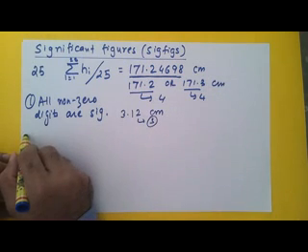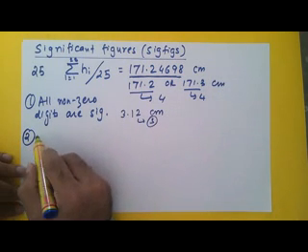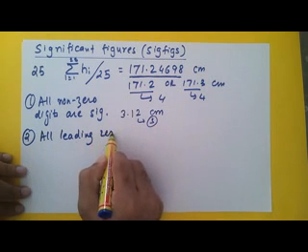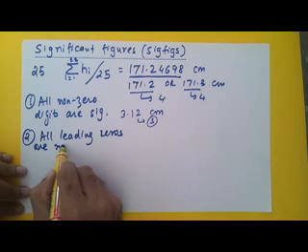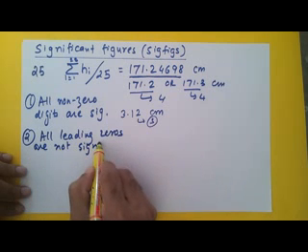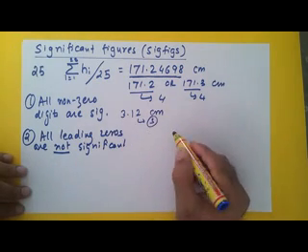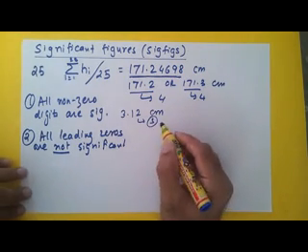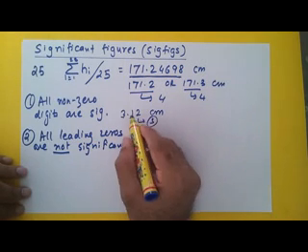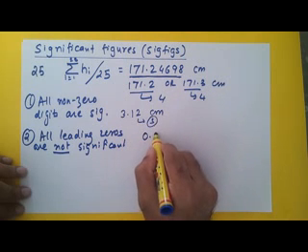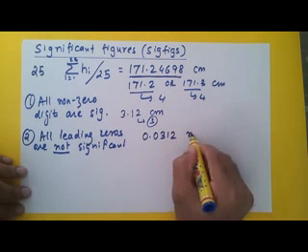Rule number 2 says that all leading zeros are not significant. Let me explain. Let us say we have measured this length as 3.12 centimeter. Now, if I report this in meters, then I will write this reading as 0.312 meter.